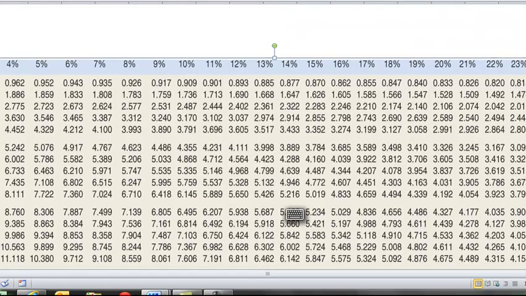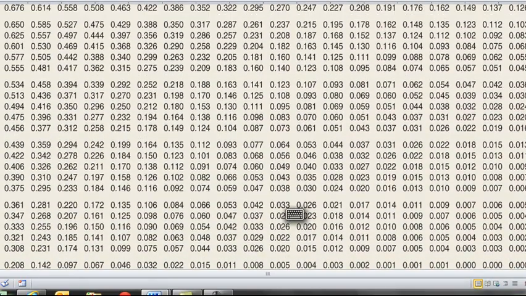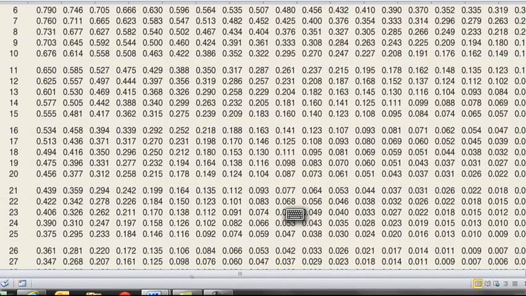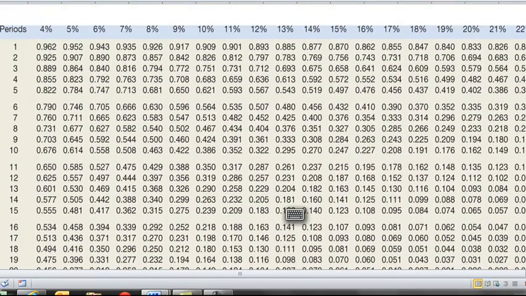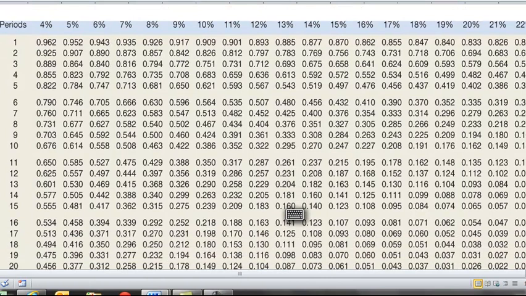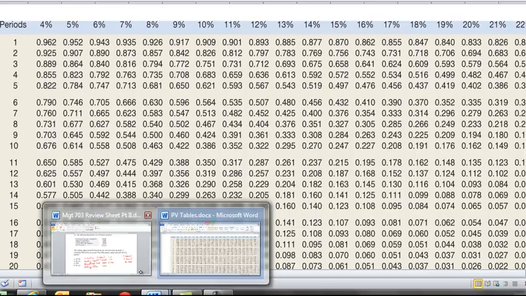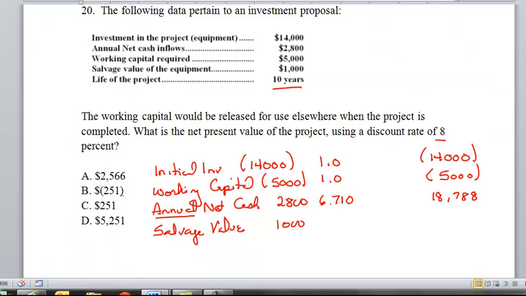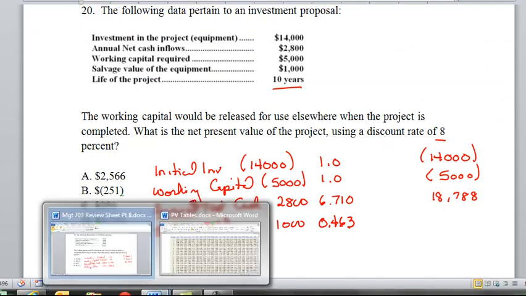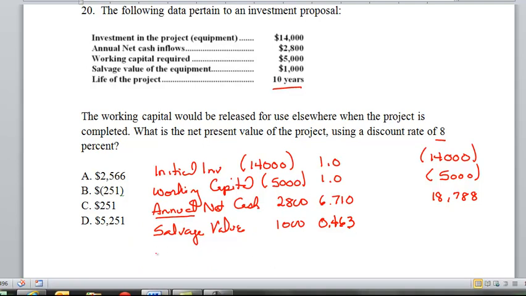So we're going to go up to the first table, which is the present value table of $1. And it's 8% for 10 years, 0.463. Now the other thing we're going to get at the end of 10 years is our working capital is going to be released.